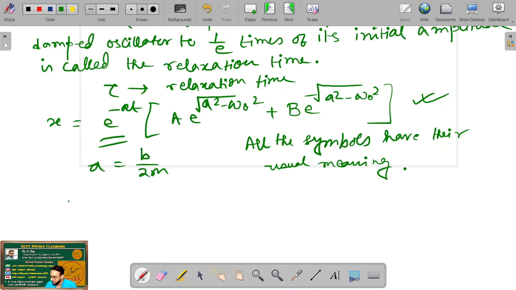Now the amplitude part is, suppose, some constant c into this exponential term. Here the constants are, for this coefficient constant is this one, second term constant is this one. So in general we take the amplitude is, suppose, constant c into e to the power of minus a t. This is the amplitude part.